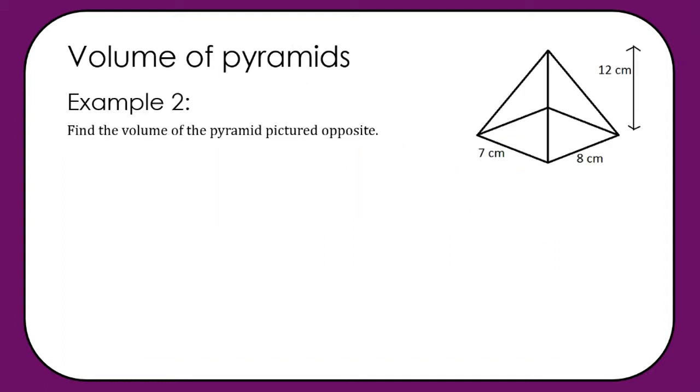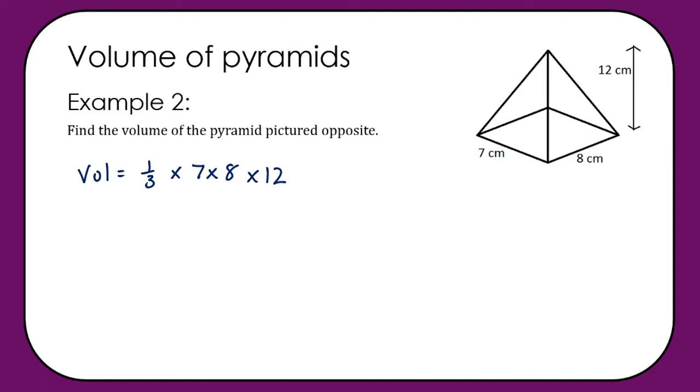Okay, so if we have a look at this, it's the same solid we were dealing with before when we found the surface area. So the volume of the pyramid will be 1/3 of the volume of the prism, with a rectangular base of 7 by 8 and a height of 12. So that means that our volume is going to be 1/3 times 7 times 8 times 12.